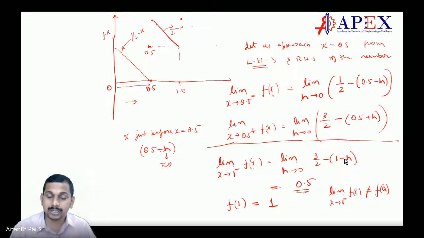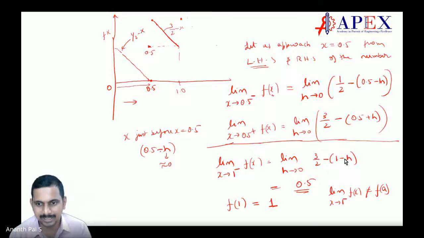Wherever a is there, instead of a you put a minus h if it is left hand, and we substitute in place of x whatever limit they've specified. Exactly, h will always tend to 0 only. Yes, that is what I did not get, sir. I was taking h tending to 1. That is the mistake I was making. Exactly.